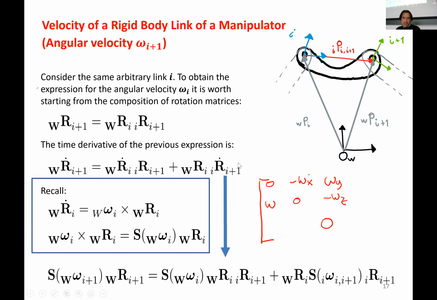Let me double check that. Can you check on the slide just so I don't get this wrong? Sorry, this is not a rotation matrix. It's a 3 times 3 matrix associated to the cross product.